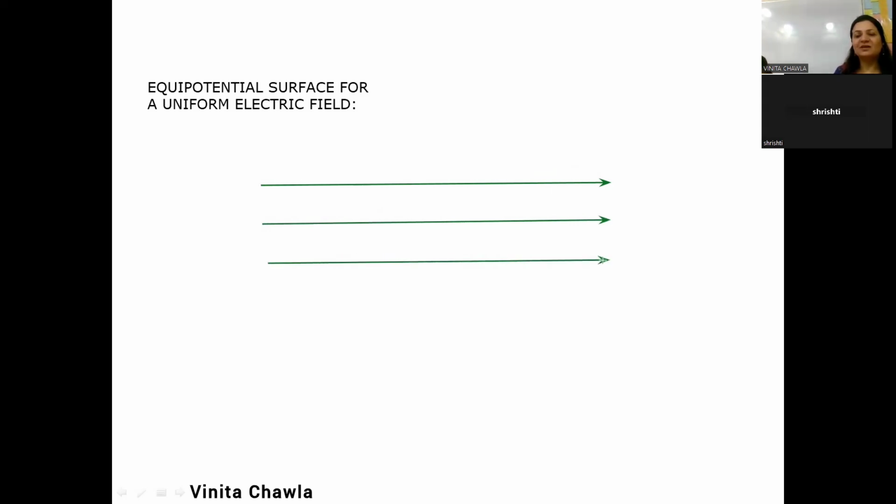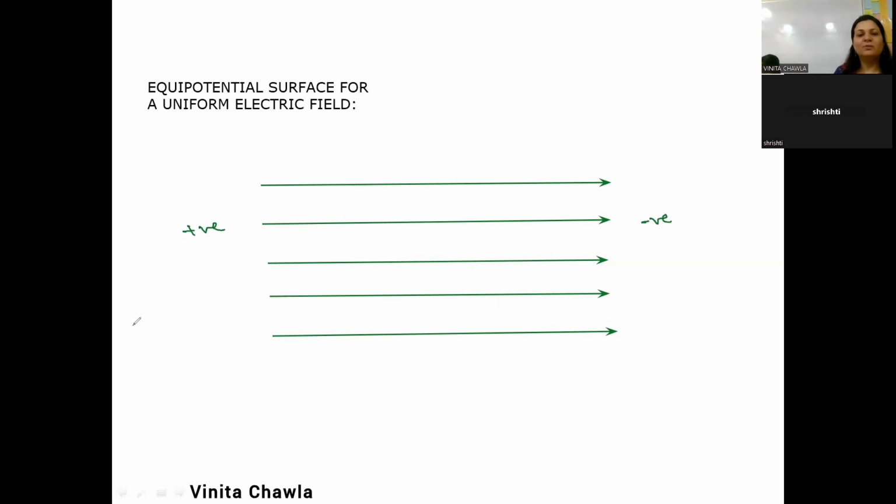Okay, let's draw electric lines of force first for a uniform electric field. You can see lines of force are equally spaced. Now, how do we draw an equipotential surface for a uniform electric field? This is the positive end and this is the negative end, because for a positive charge, lines of force are always away from the positive charge, and for a negative charge, lines of force are always towards the negative charge.